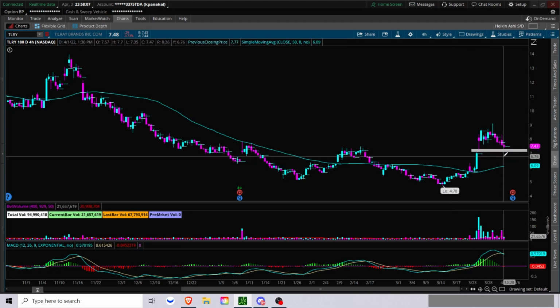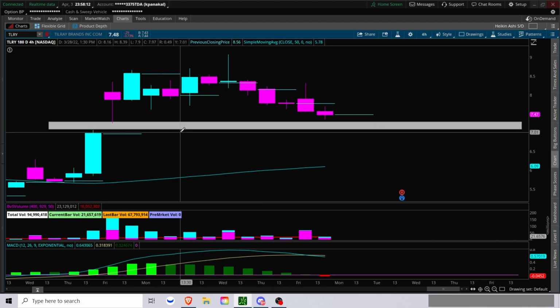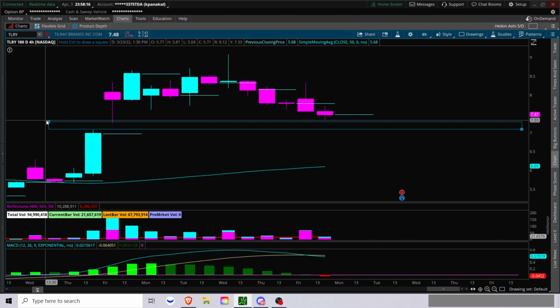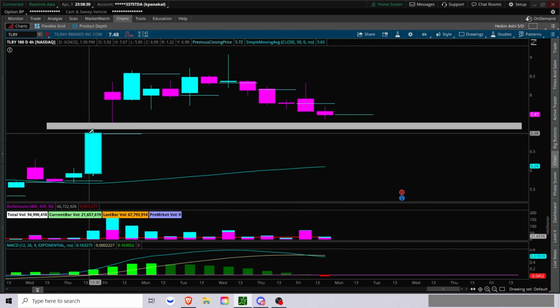This unfilled zone can actually work as support. We have to see on Monday how it opens, because if it breaks below this gap fill, then you could get into puts to trade the downside.